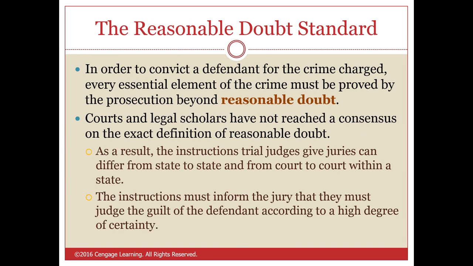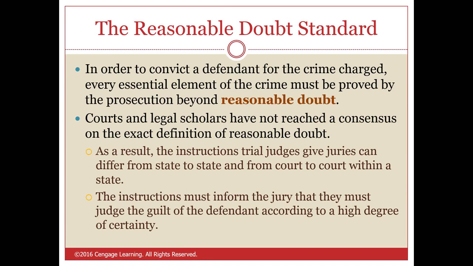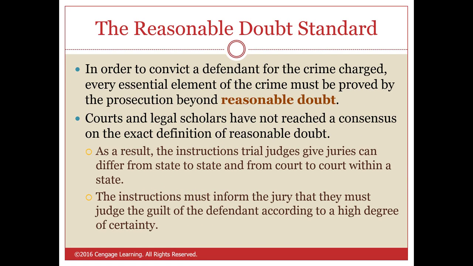So in order to convict the defendant, every essential element of the crime must be proved by the prosecution beyond a reasonable doubt. What is the definition of a reasonable doubt? Well, if you were to put the same set of facts and circumstances before any Tom, Dick, or Harry out there on the street, and they would likely come to the same conclusion as you, then that's the definition of reasonableness.